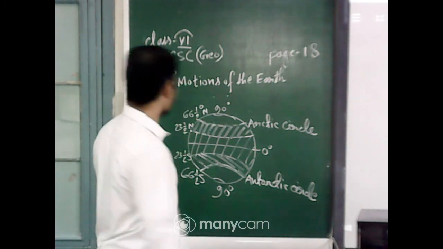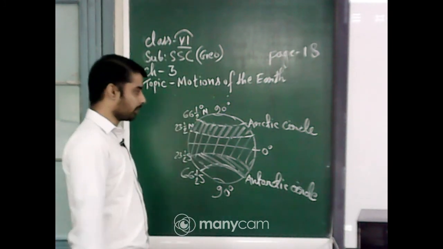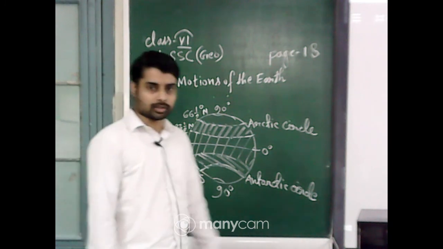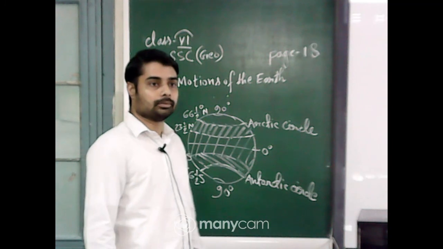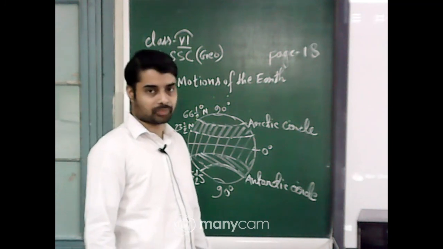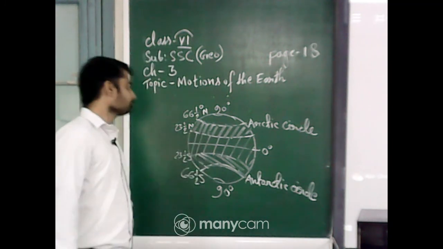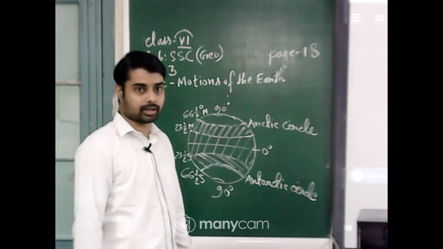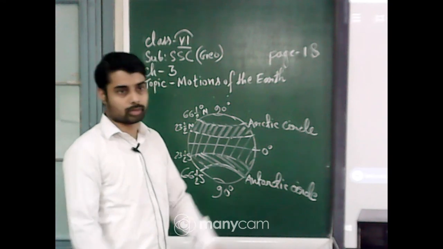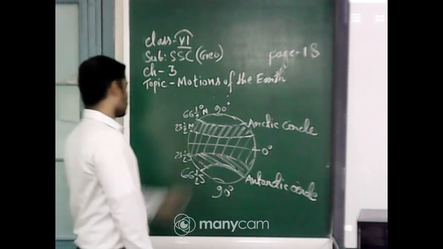In the temperate zone, temperature is very moderate, and most of the European countries, especially the Mediterranean region, are situated in the temperate zone. So that's why the weather is very pleasant there, not too cold, not too hot.